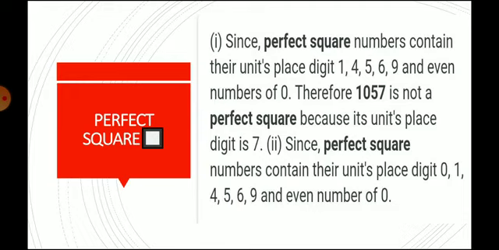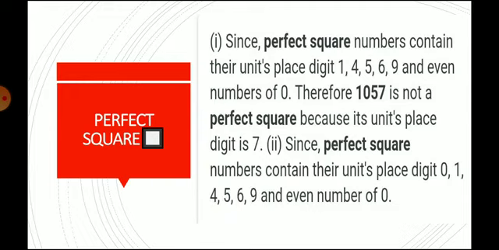Perfect square numbers contain their units place digit 1, 4, 5, 6, 9, and even the number 0. Now I want to take one example. Is 1057 a perfect square or not? Can you guess?